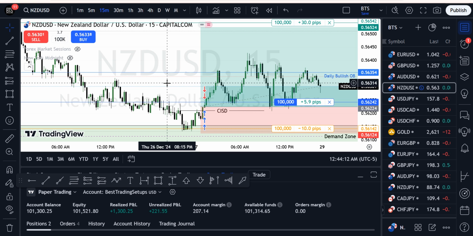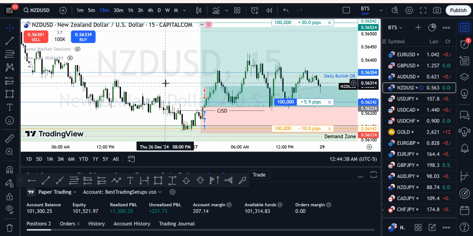It must be at an important key level for it to become a change in state of delivery. It means that when price has been bullish, you are now expecting price to be bearish. And if price has been bearish, you want to get a swing point where price will now be bullish. That is what change in state of delivery means.